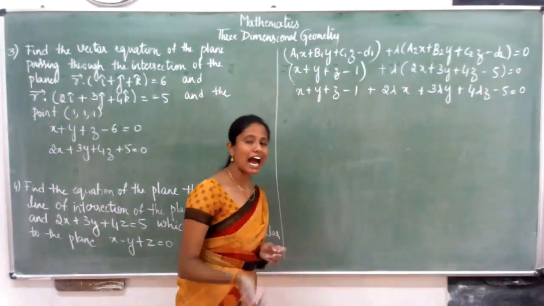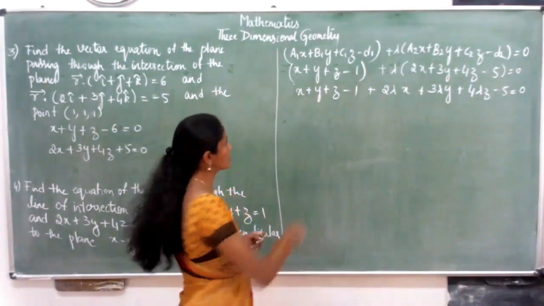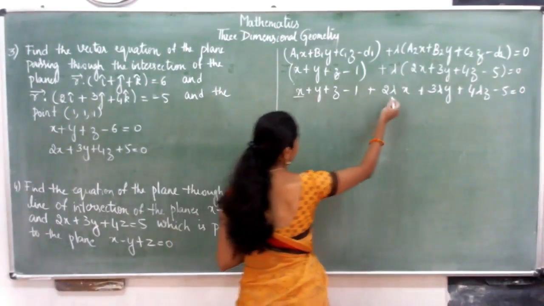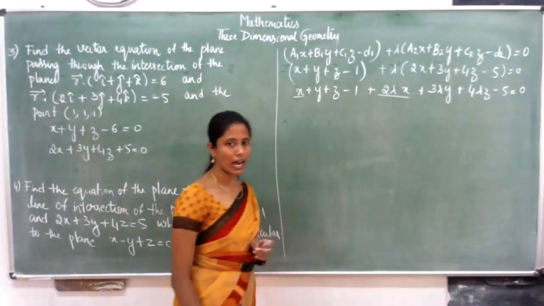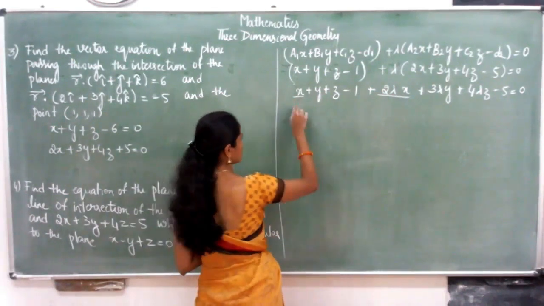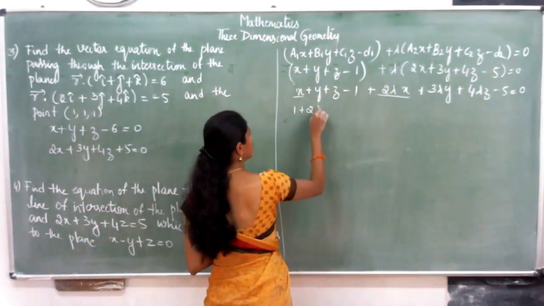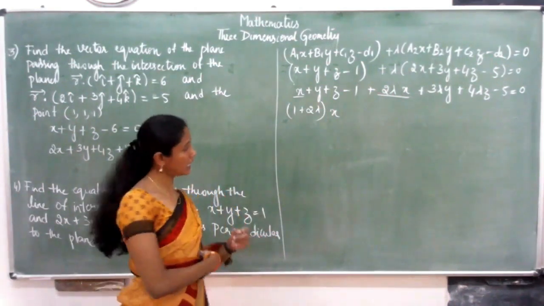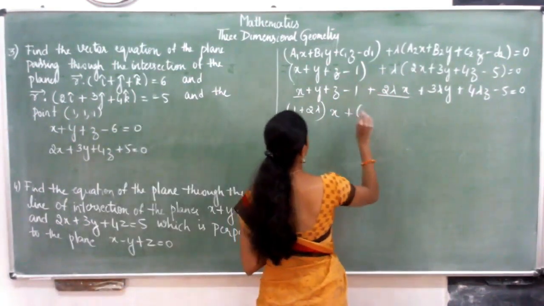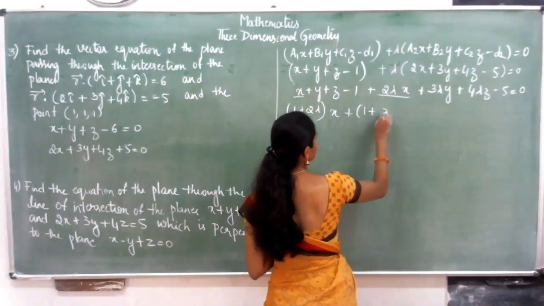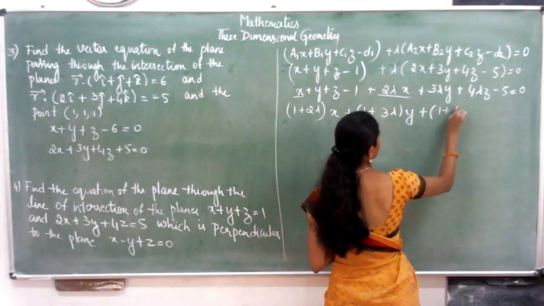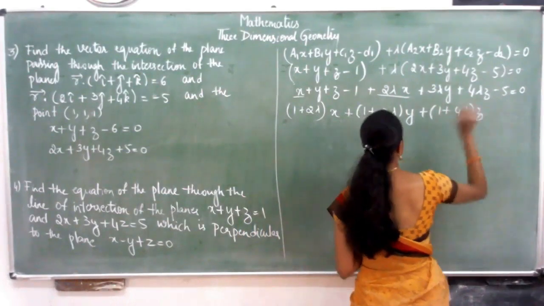So now let us add the like terms by taking their common factors. Here the x terms are going to add. The coefficient of x is 1 plus 2 lambda, taking x common. Similarly, we have (1 plus 3 lambda) y plus (1 plus 4 lambda) into z.